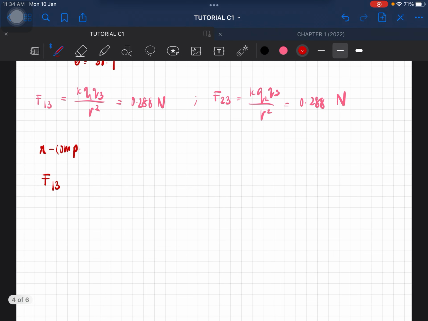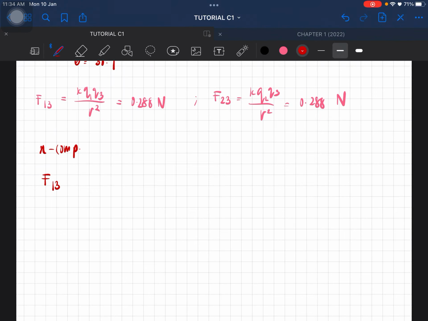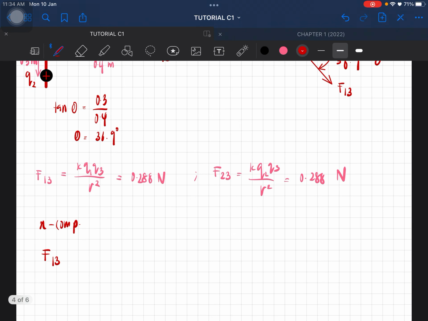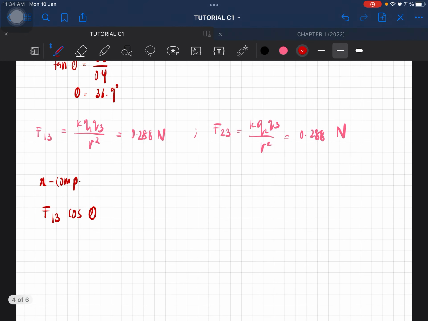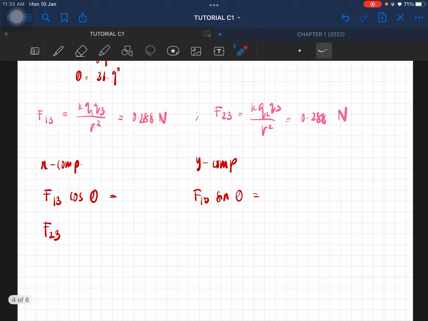Okay, so let's resolve them into the x and y components. So F13 in the x component is F13 cos theta, and for the y component you have F13 sine theta, and then for F23 it is cos theta as well.